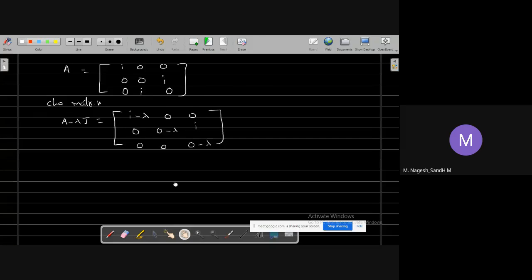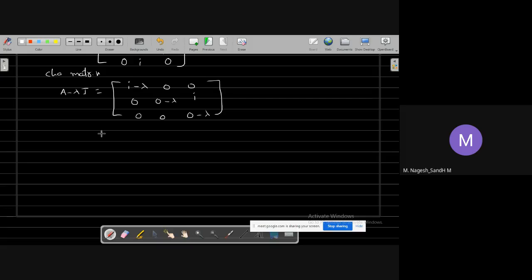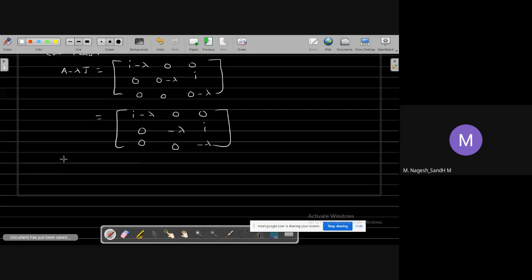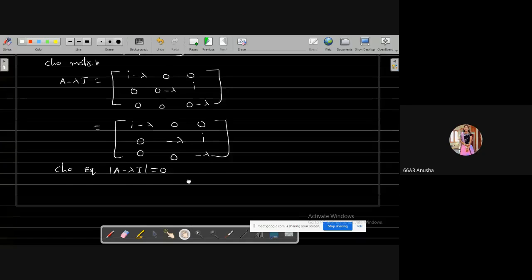So now, sorry: i minus lambda, 0, 0. 0, minus lambda, i. Next 0, 0, minus lambda. So now the characteristic equation: determinant of A minus lambda I is equal to 0. The last row is 0, i, minus lambda.